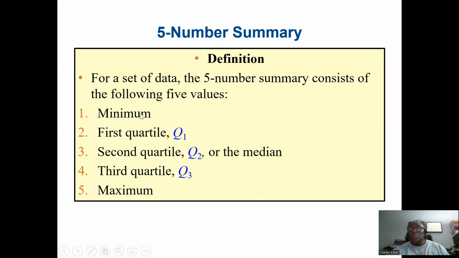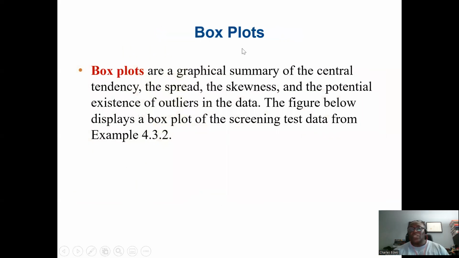Again, the minimum value means the lowest value in the data set, and the maximum is the highest value. Then we can find the 25th percentile Q1, Q2, and Q3. So let's see an example, and that will lead us again to the box plot. Box plots are a graphical summary of the central tendency, also the spread and the skewness.